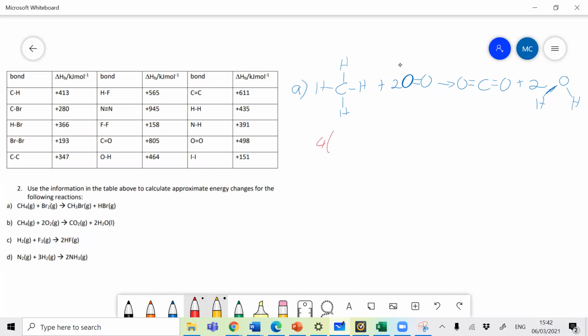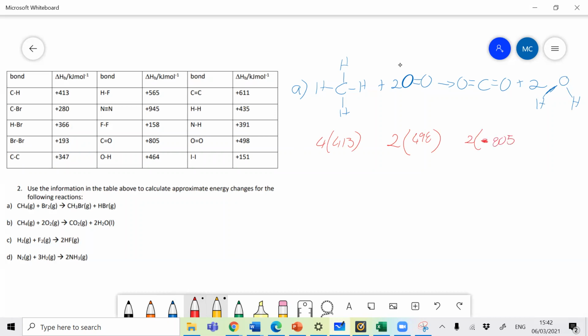So it's 4 times 413, 2 times O double bond O is 498. Carbon dioxide, you will have 2 C double bond O, so it's 2 times minus 805.